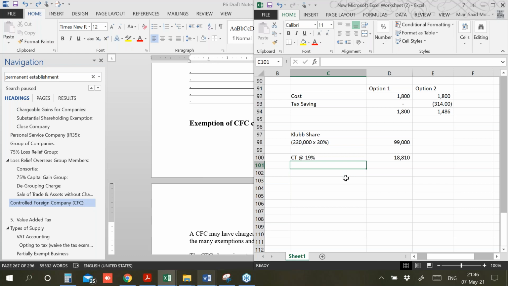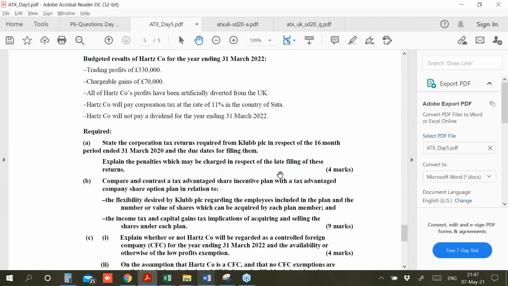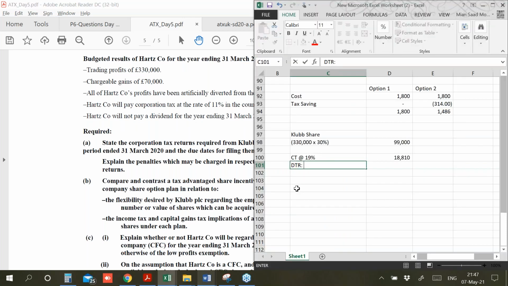Now, as DTR is available, you will deduct the tax that is payable in the country of Suta. So we'll see what the rate is. It is 11%. Because the lower rate is in the country of Suta, DTR will be 99,000 times 11%.